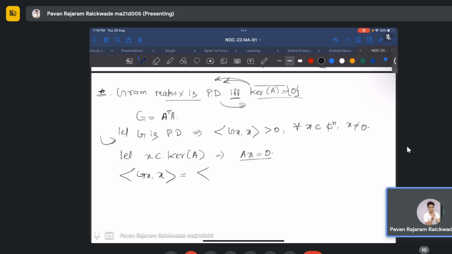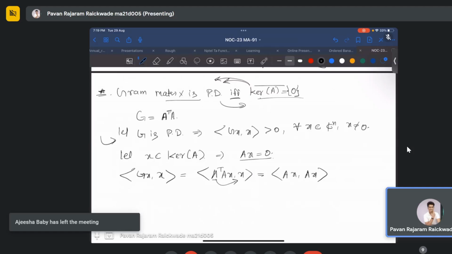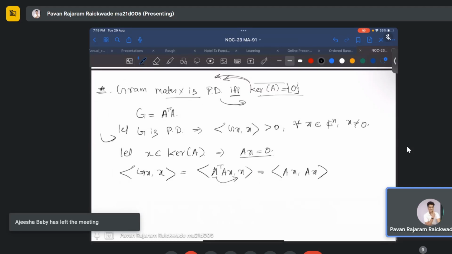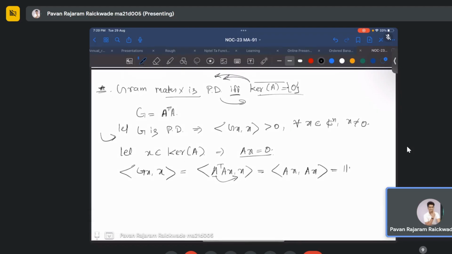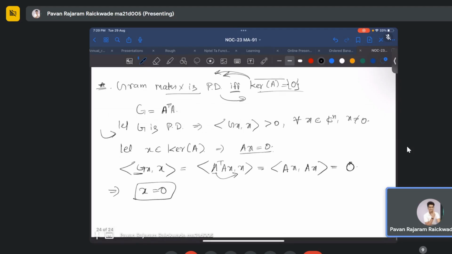It is the inner product of A transpose A x with x, but this is simply Ax with Ax because the transpose operation goes there. I hope they are taking real matrices. Now this is 0 because Ax is 0. But since G was a positive definite matrix, this can only happen for x equal to 0. Do you agree with this argument?